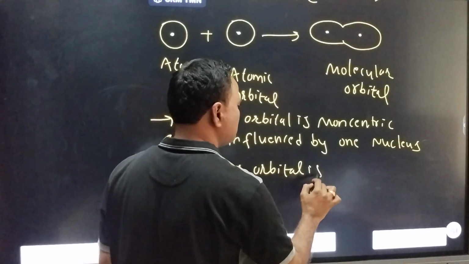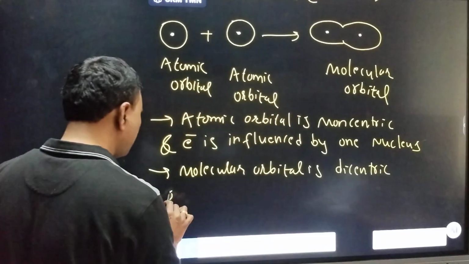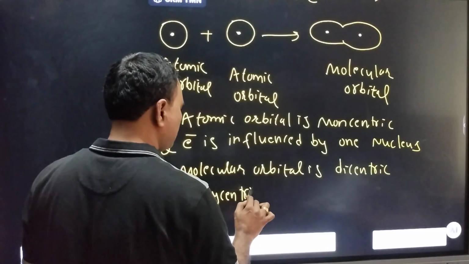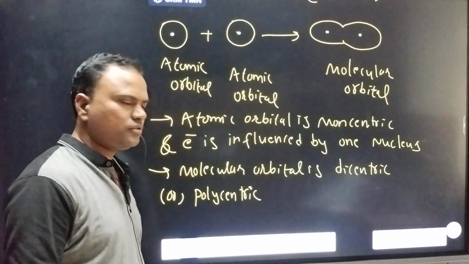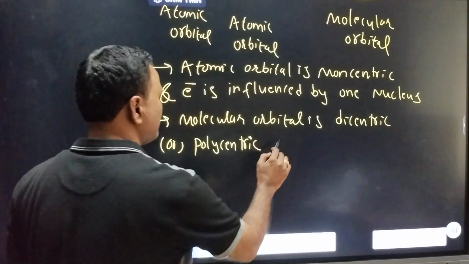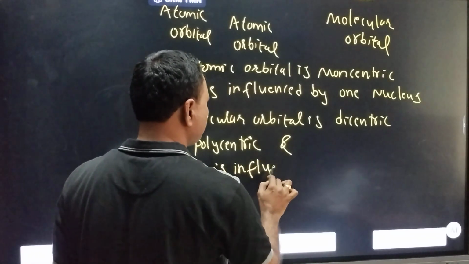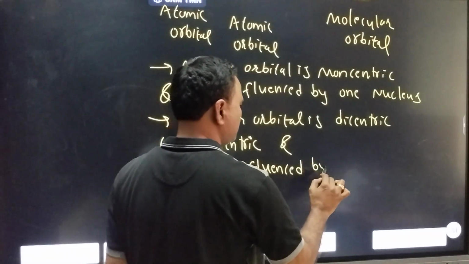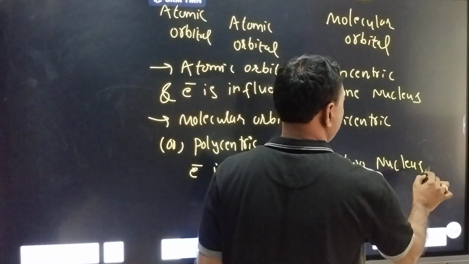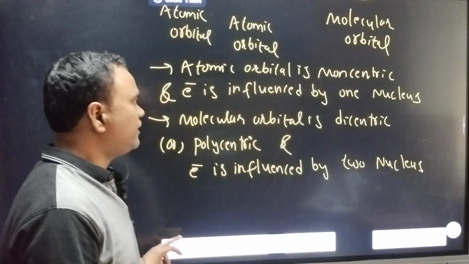Molecular orbital is dicentric or polycentric, and the electron is influenced by two nuclei. Okay, right.